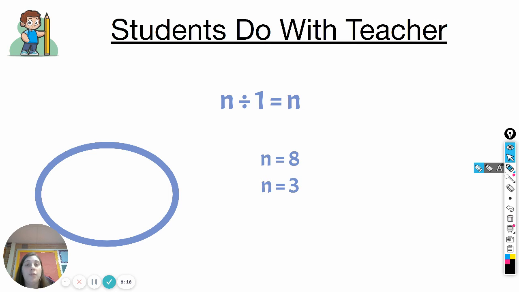Now I'm going to have you do this one with me. Same numbers you had before. So on your whiteboard, I want you to start with 8, and we're going to write 8 divided by 1 equals. Go ahead and get that equation on your whiteboard.